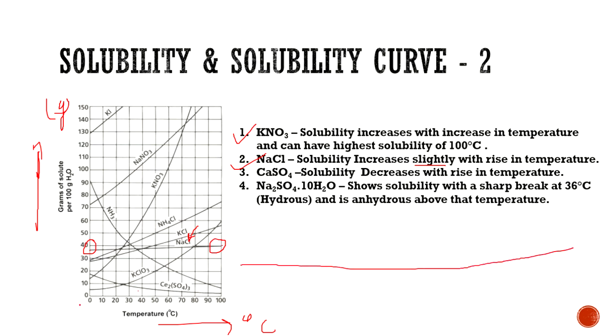Third one is CaSO4, calcium sulfate. Solubility decreases with rise in temperature. Where is CaSO4? Okay, I think it is not shown here. That is, the solubility decreases with rise in temperature.